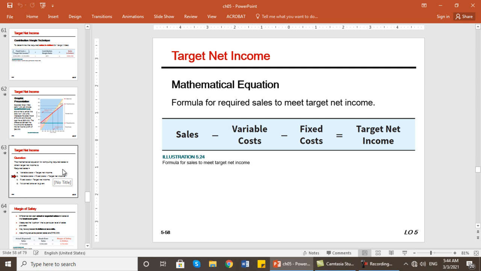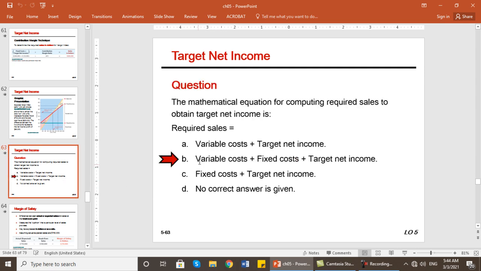From this equation, the answer is required sales equal variable cost plus fixed cost plus target net income, with required sales on one side and the other items on the second side.